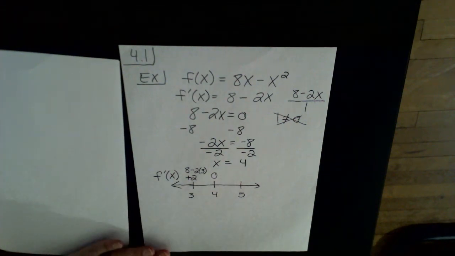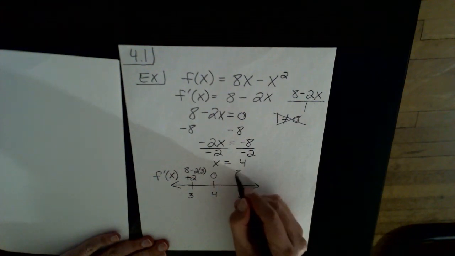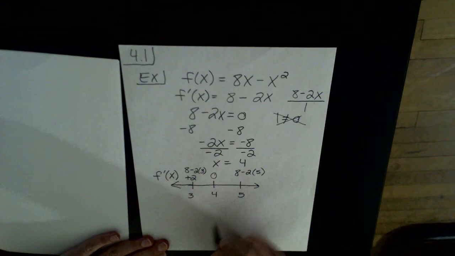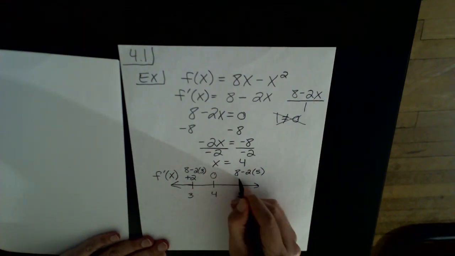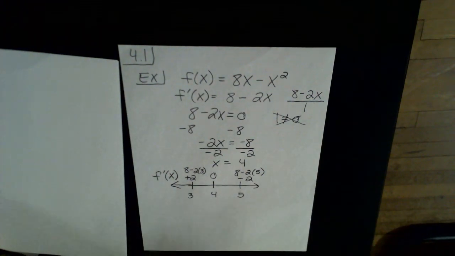And we'll come back to that in just a moment. Now we'll plug in 5. We have 8 minus 2 times 5. That leaves us with 8 minus 10. That's negative 2. All we care about is the fact that we got a positive result and a negative result.